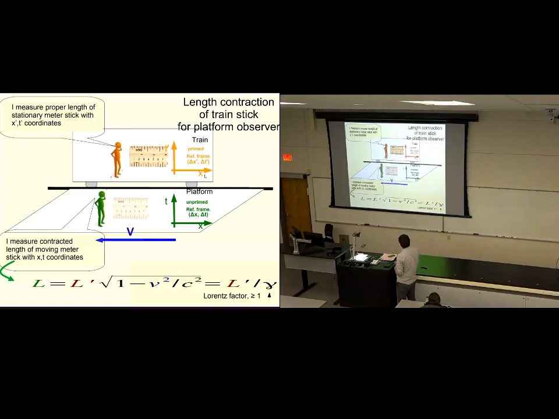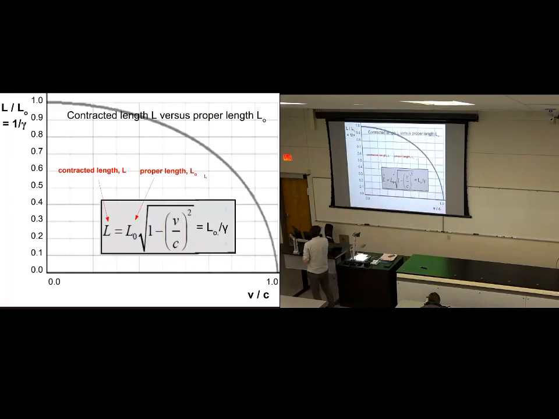Let's look at an example. This is just a plot of that factor that shrinks the length of the meter stick when you observe it. This is just a plot of 1 over gamma. That's the factor by which the meter stick is contracted. The last plot I showed you was just a plot of gamma, which is the stretching of the time interval that describes time dilation.